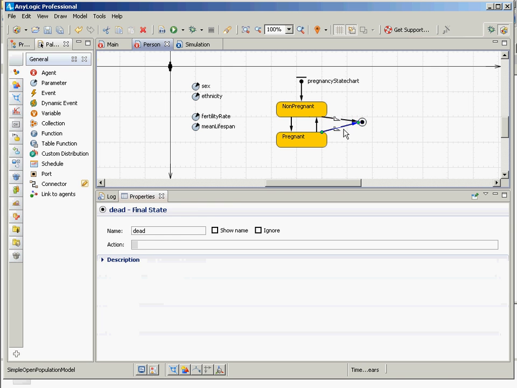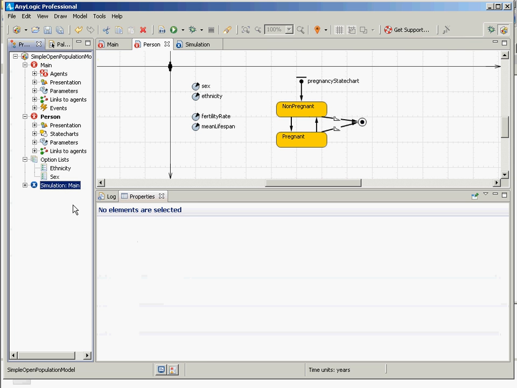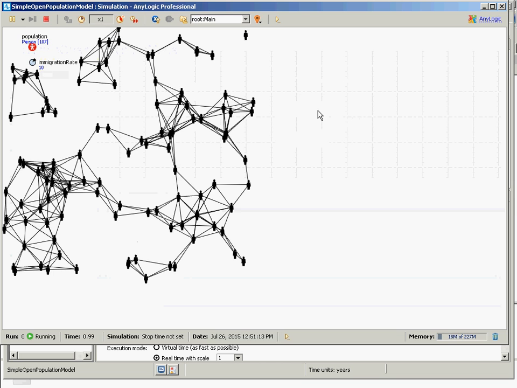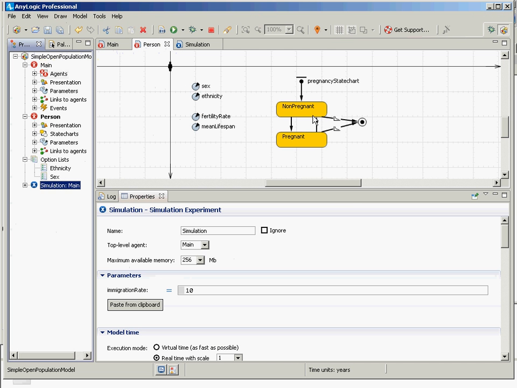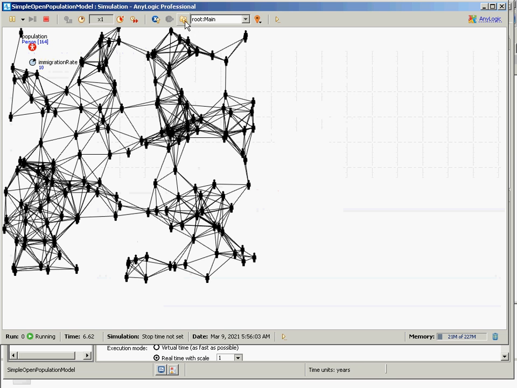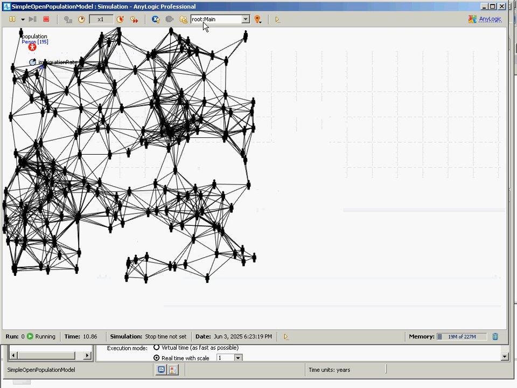Okay, so let's run it. Because they can die from either a non-pregnant state or a pregnant state, both men and women should be dying.